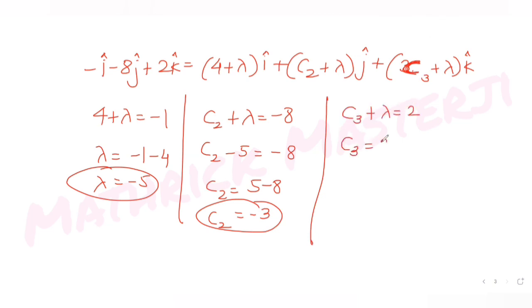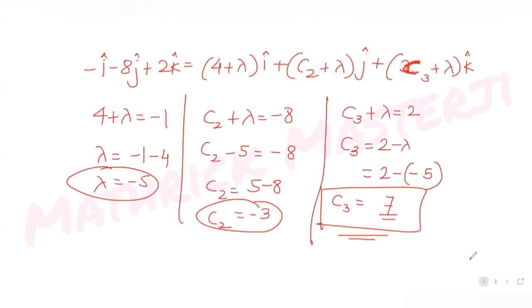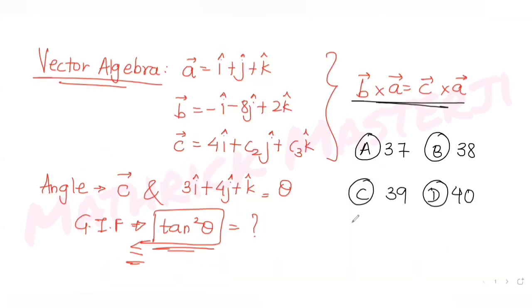So C3 becomes 2 minus lambda. 2 minus lambda is 2 plus 5, which is 7. So you get C3 as 7. Once I get all three values, I get my vector C, given as 4i plus C2j plus C3k, so 4i minus 3j plus 7k.